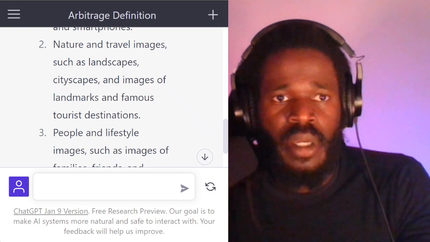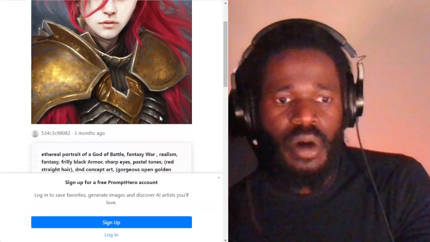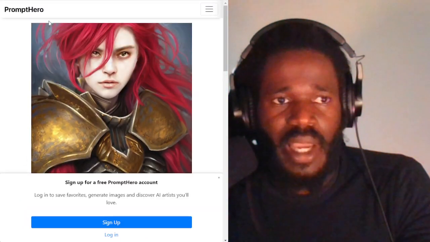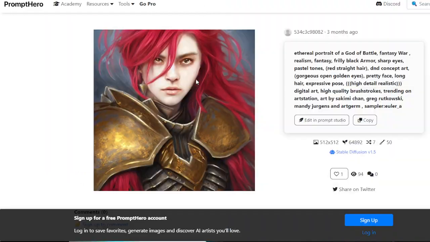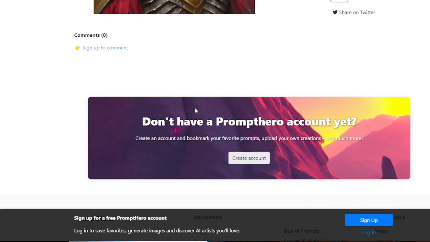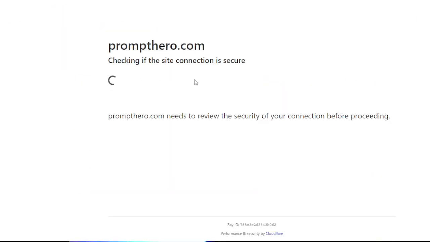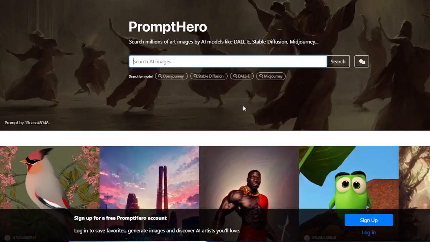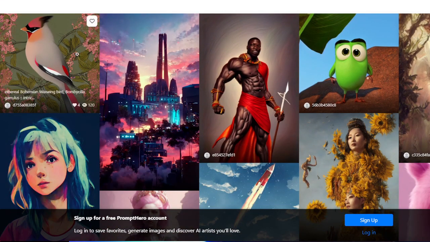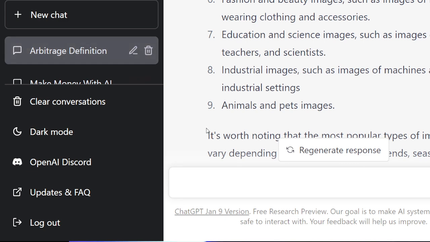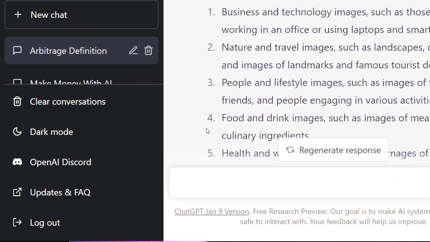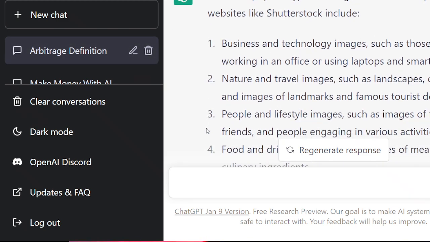Okay. So if we go into another website that we like, Prompt Hero, which gives us really cool prompts, then we can go through this and look for some cool prompts and then generate some images that match what ChatGPT is telling us are the most popular types of images.